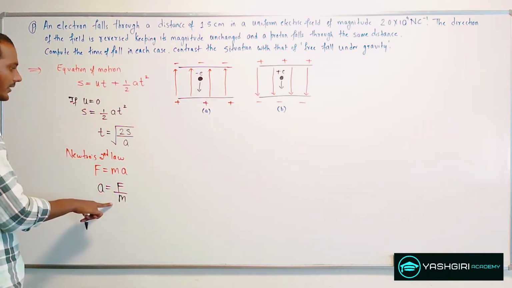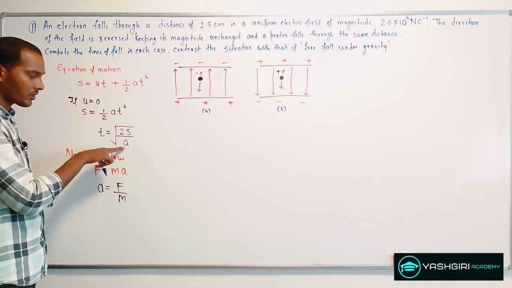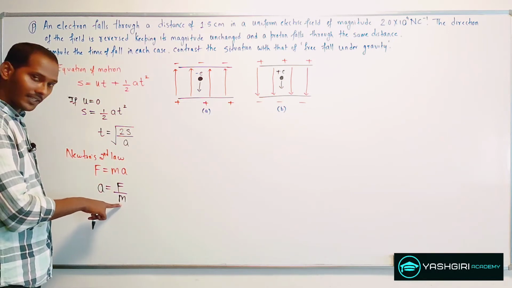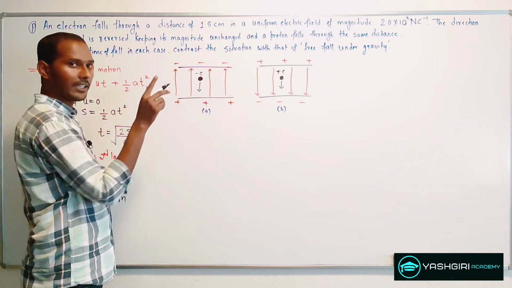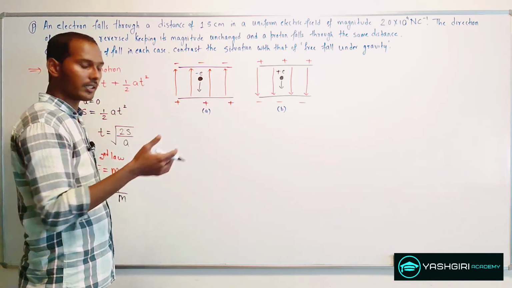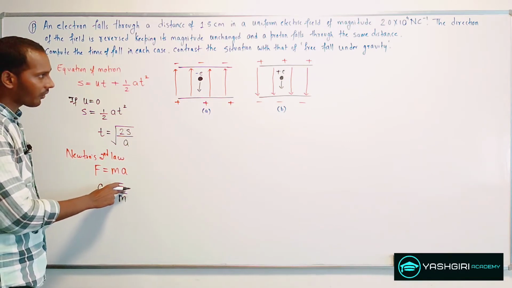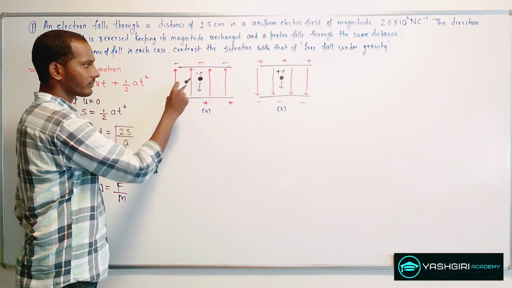Correct? So that's another expression. Here, if I substitute this acceleration, what I'll get is force by mass. Now, we know the mass of the electron, it is 9.11 into 10 to the power minus 31 kg. Here, we don't know the force on this charged electron, right?